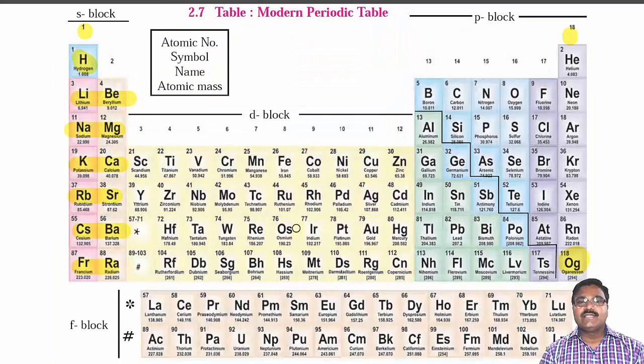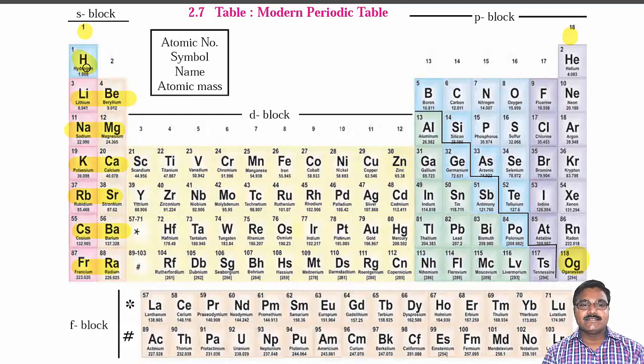By using this modern periodic table, let us study the trends of properties, or gradation in properties, of elements. Here we will consider three trends: valency, atomic size, and metallic and non-metallic property of elements. Let us go through them one by one.